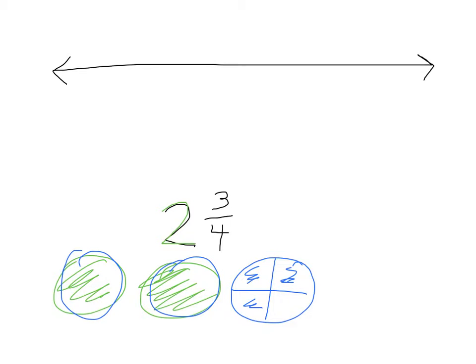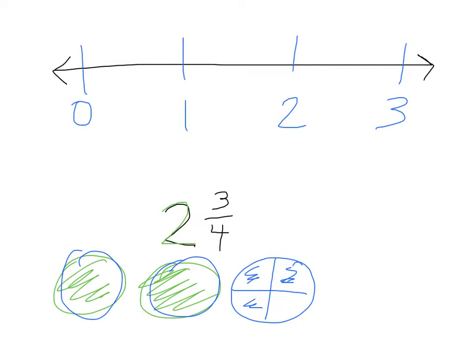So now when I think about my number line, if I start at 0, I need to at least have my number line go to 3, because I needed to use 3 circles. So if I start at 0, I need 1, 2, and 3. So now I have enough for my next part.